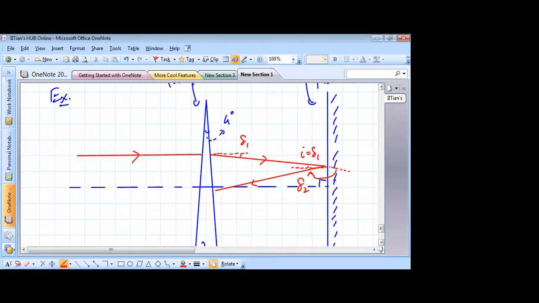Now, what kind of deviation will it suffer here? Will it suffer clockwise or anti-clockwise? That's the main thing you have to understand here, that it emerges out this side.